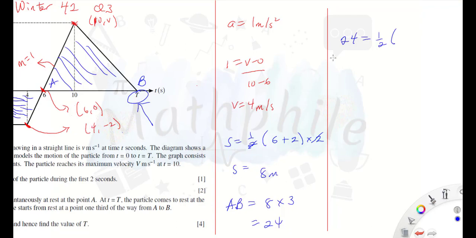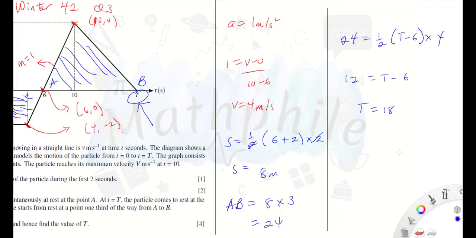The base will be t minus 6, times the height of this, which is 4. So you can do a manipulation. The 2 cancels this 2, and the 2 also cancels this. This is 12. So 12 is equal to t minus 6, and t is equal to 18.